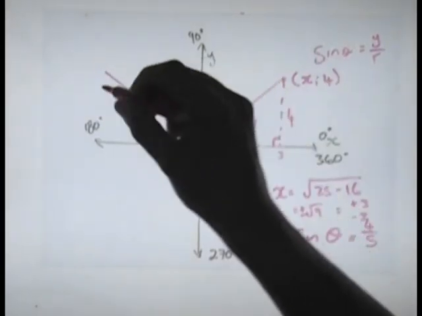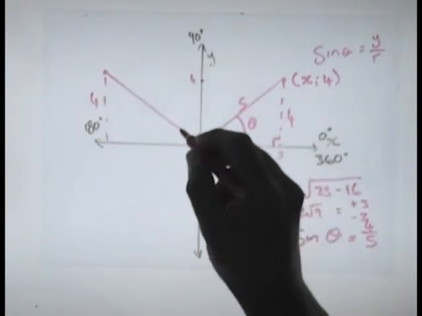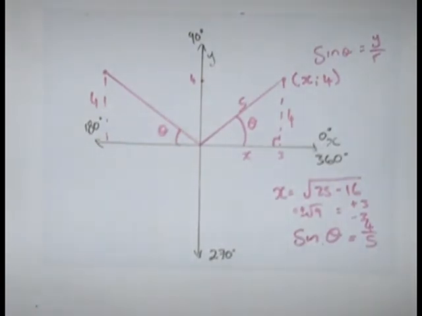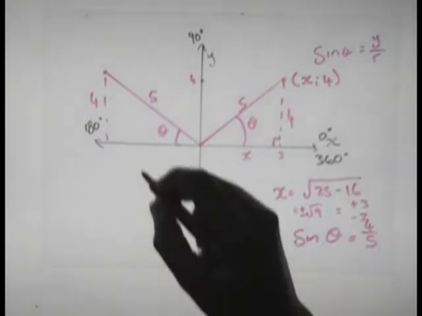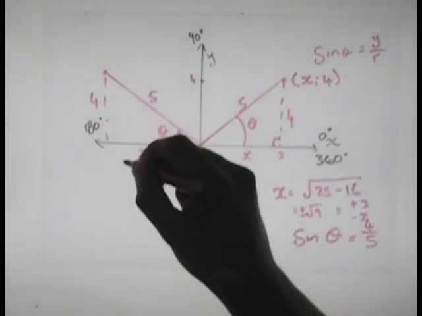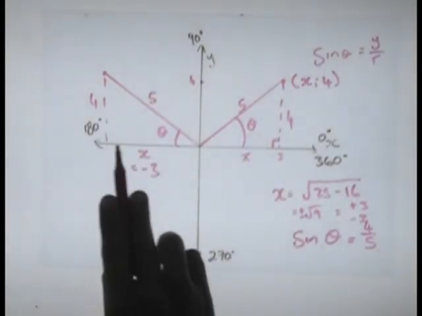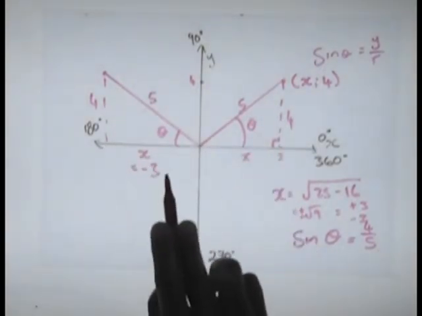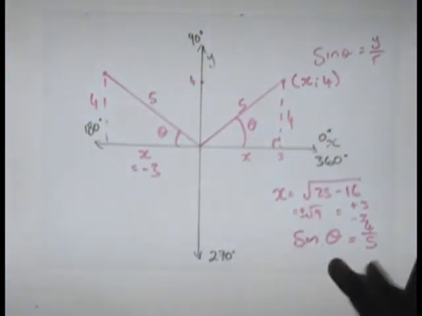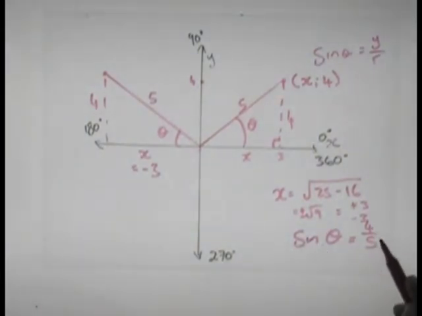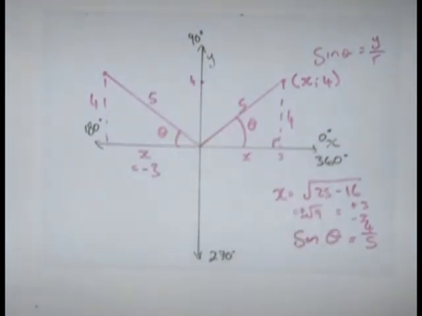That has a y value of positive 4. It's still theta, and its r is 5, but look at its x value. Its x value is going to be here, negative 3. Same distance there and there, except now it's negative. So to sketch this angle, sine theta is equal to 4 over 5. It could be either that angle or that angle over there.